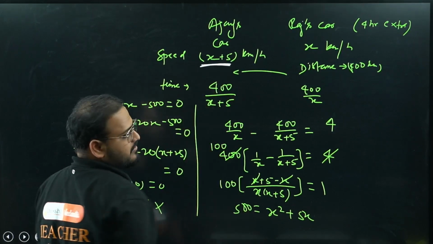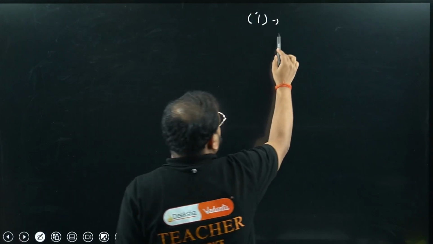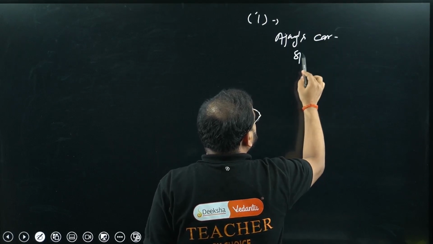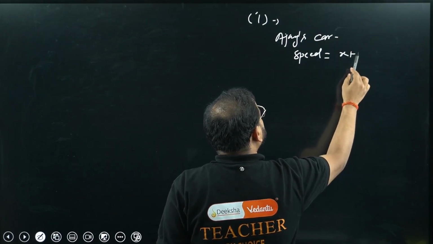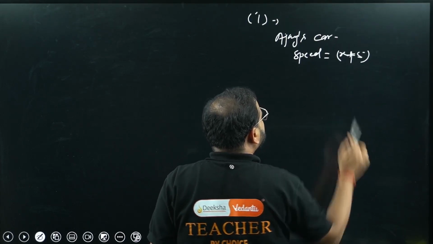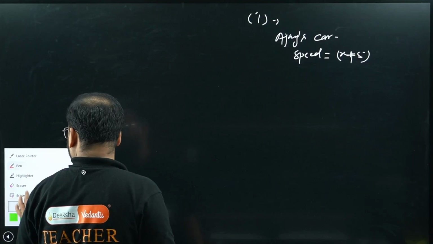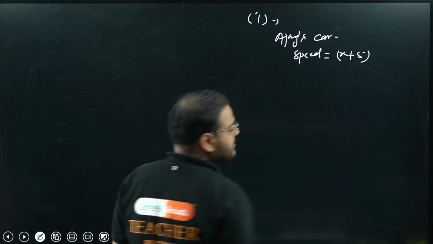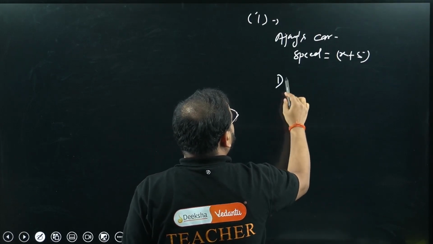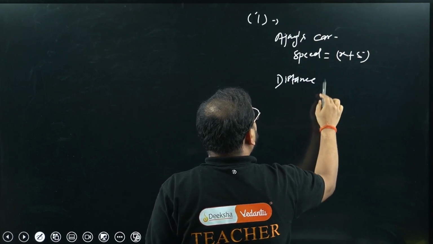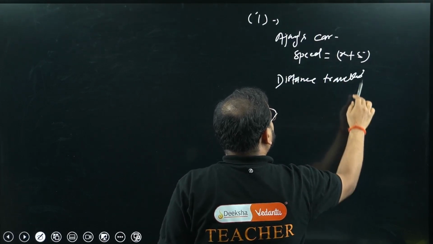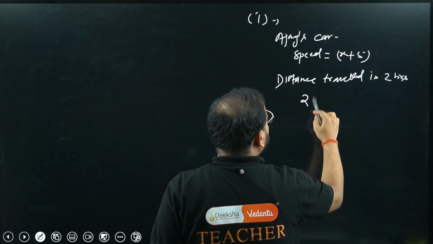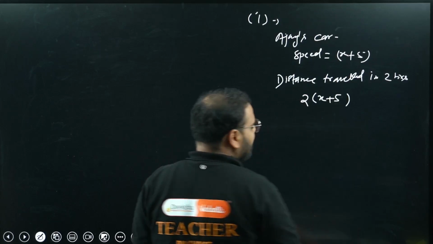It is X plus 5 km per hour. So the distance traveled in 2 hours will be 2 times X plus 5.